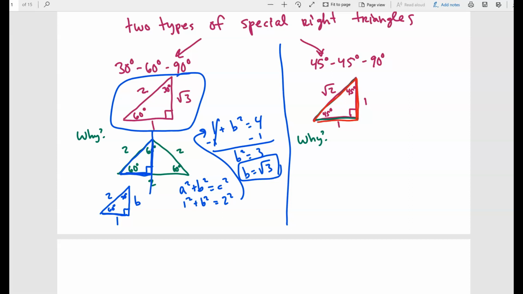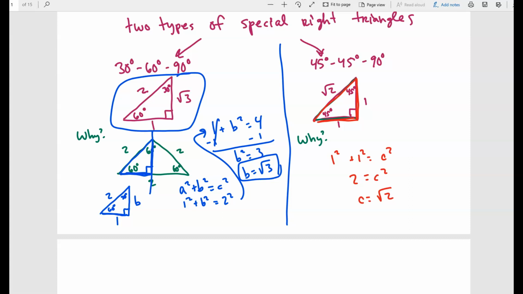So if I pick some point 1 and 1, then I can figure out the other one, which is going to be square root of 2 by just the Pythagorean theorem, because you know that 1 squared plus 1 squared is going to be equal to c squared. This is going to be 2 equals c squared, so c equals square root of 2. Okay, so that was a little bit easier to see, just because the angles are the same.